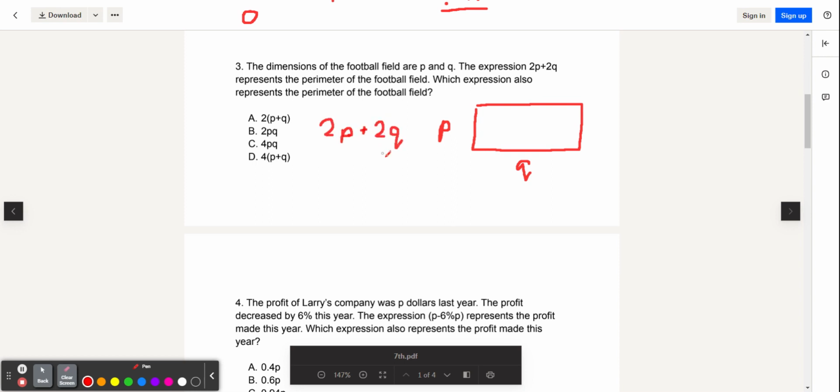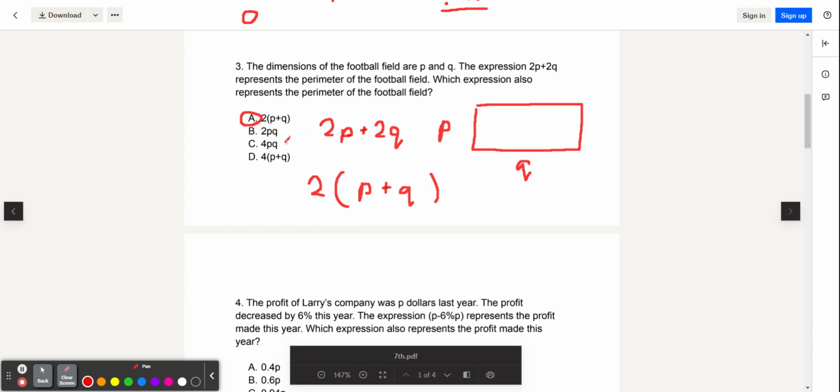When you factor out a common factor, we look and see what these have in common. The answer is, of course, they both have the coefficient 2. We factor it out, and we divide each term by what we factor out. 2P divided by 2 is P, 2Q divided by 2 is Q. And that is answer choice A.